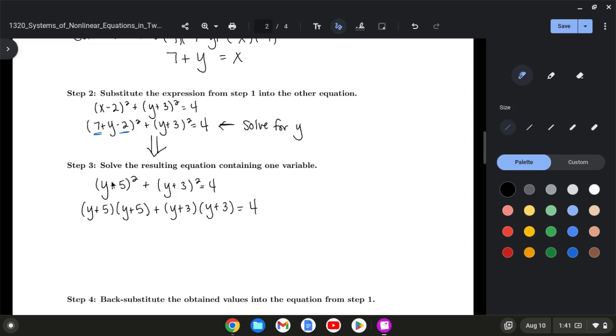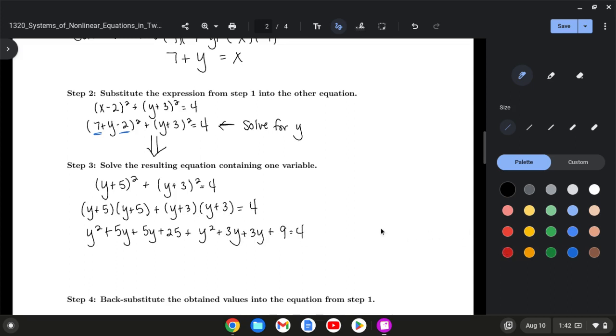So now we need to distribute and multiply all of our terms in our parentheses. We have y times y, which is y squared. 5 times y is 5y. y times 5 is 5y. And then 5 times 5 is 25. Same thing with our second set of parentheses: y times y is y squared, plus 3y plus 3y plus 9.